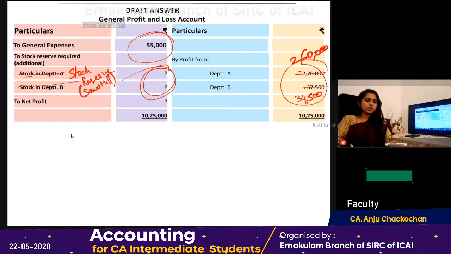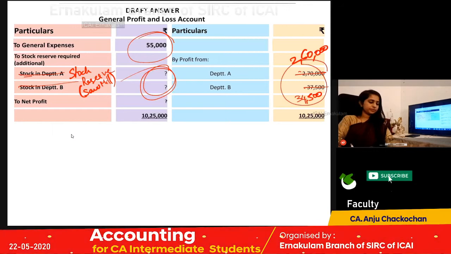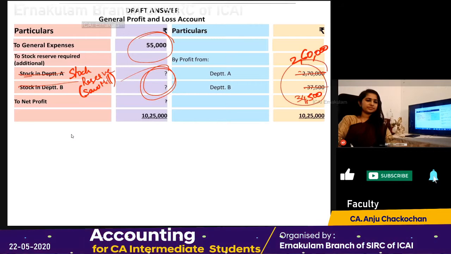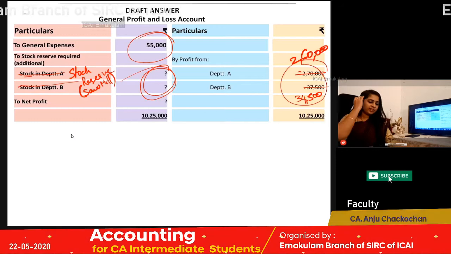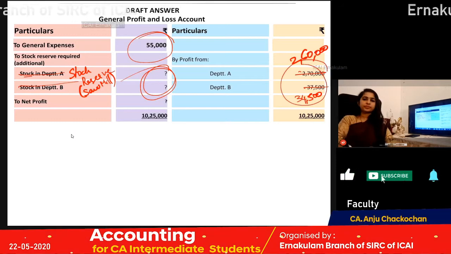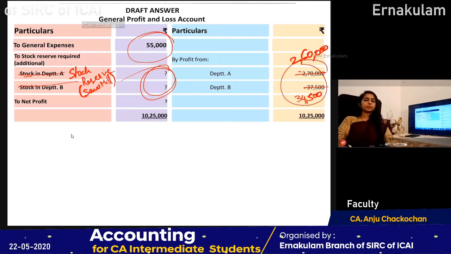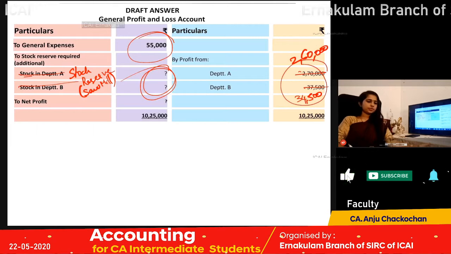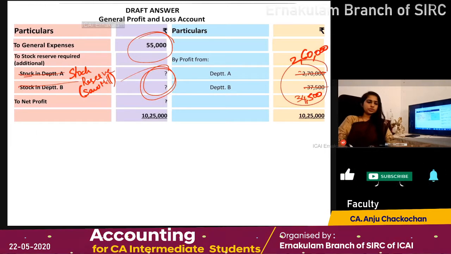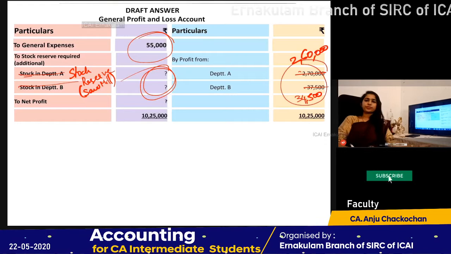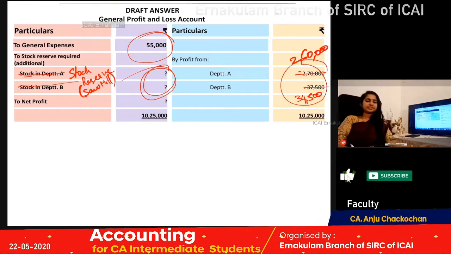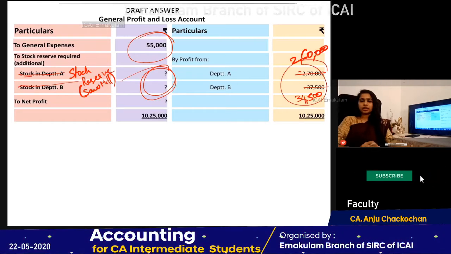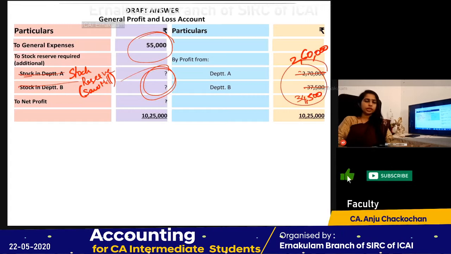Everybody, come up with answers for stock reserve. Make it fast, students. We've already worked out similar pattern questions. This is more or less a revision of what we have already learned, the RTP and past exam questions. We'll be working it out.